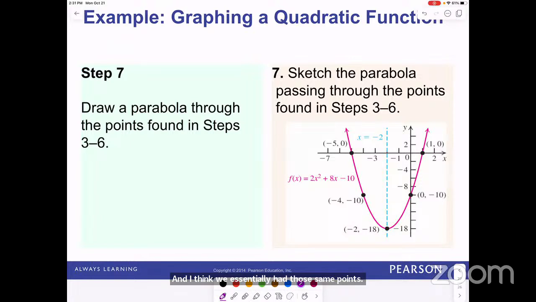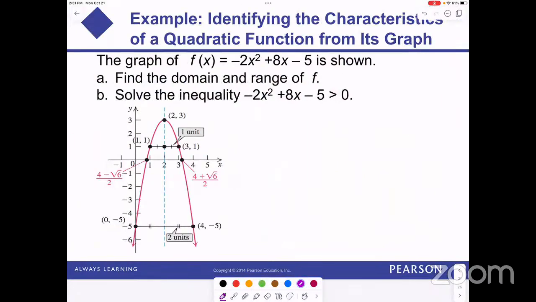Okay. So the graph of this function is shown below. We're asked to find the domain and range of the function and then solve the inequality. Okay. So the domain in a graphical sense is going to be the very left to the very right.